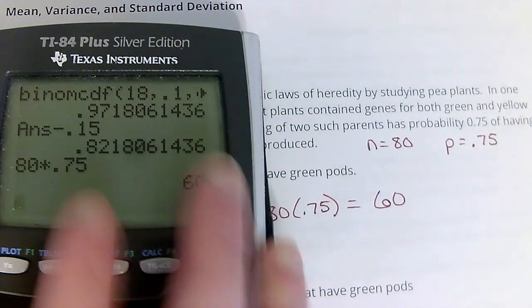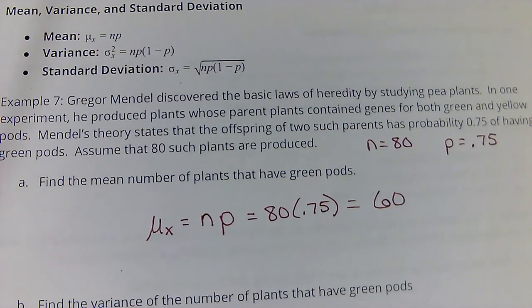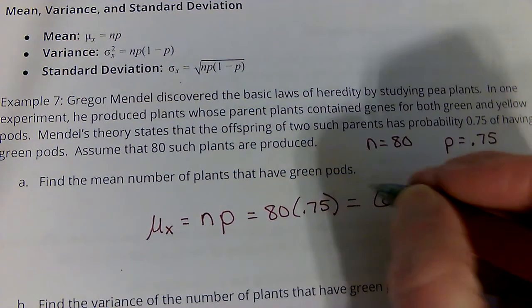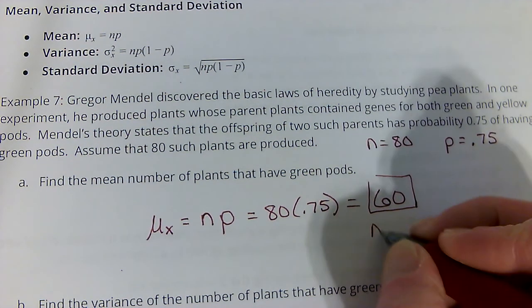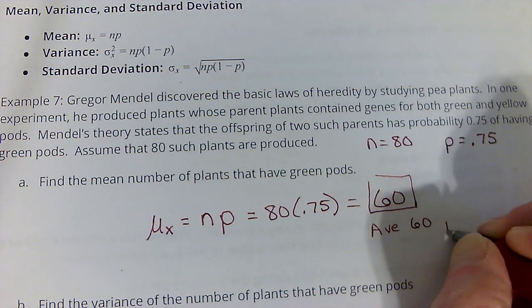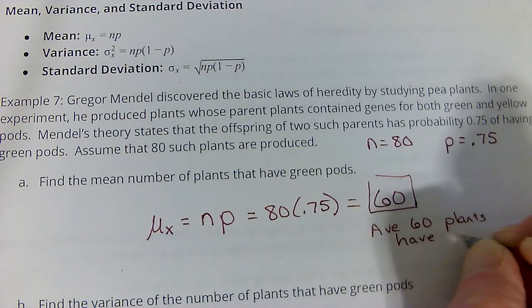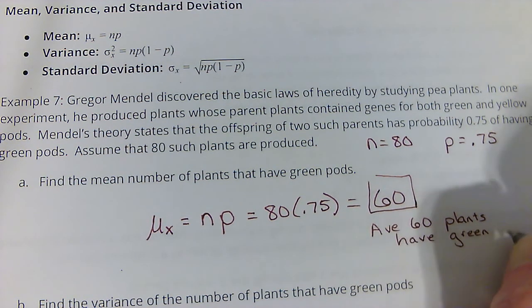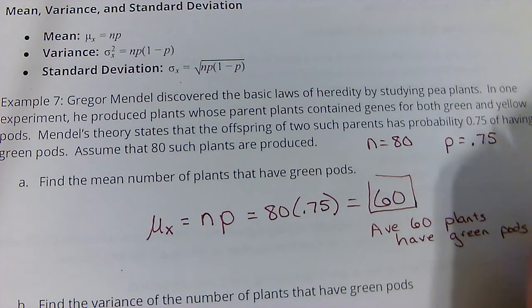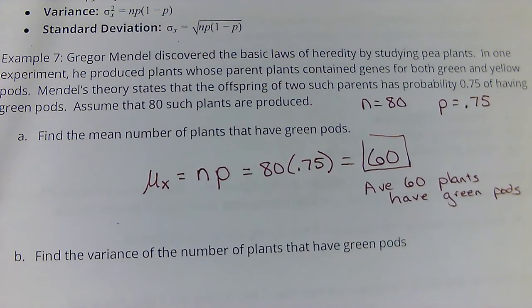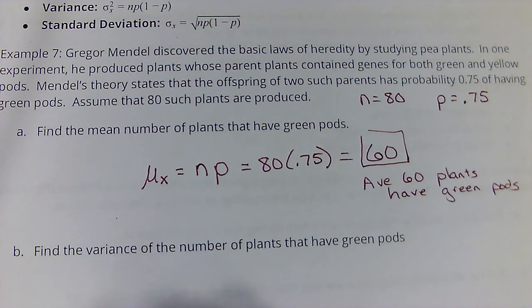These formulas are not hard. That means about 60 plants are going to have green pods. Average 60 plants have green pods. And that makes sense if 75% of them have a chance of having green pods.